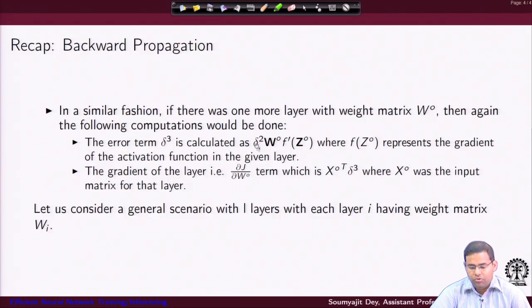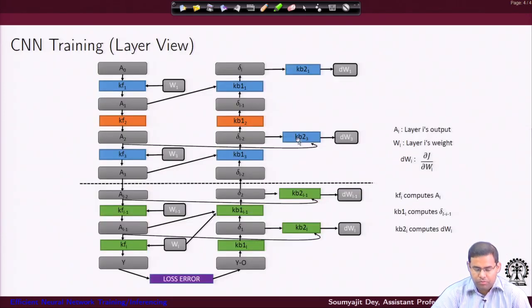So, delta 2 is going to use the weight matrix and the activation function's gradient, right. So, both of those.